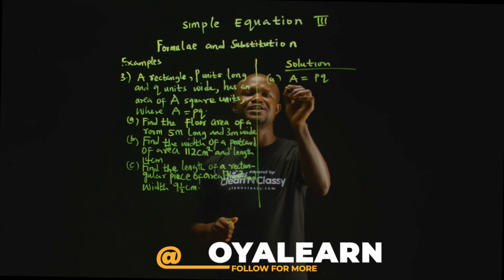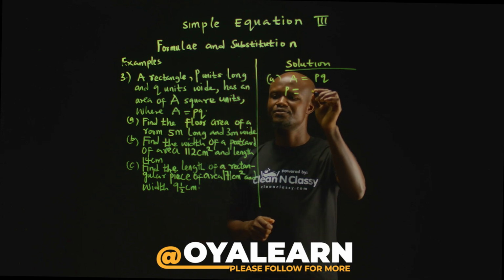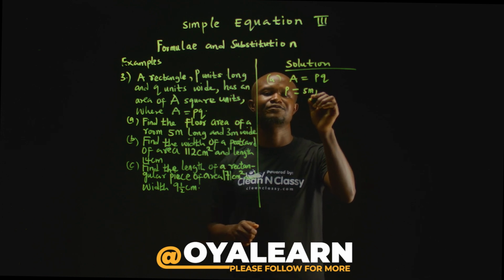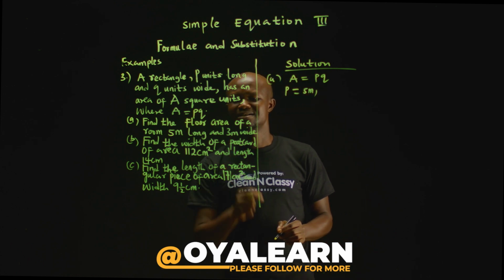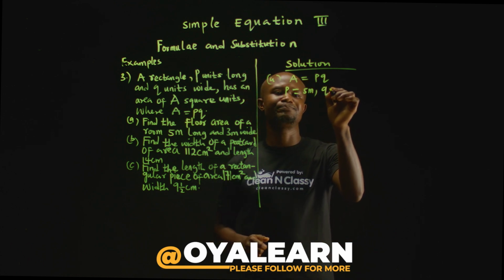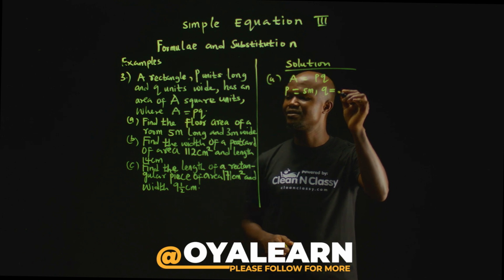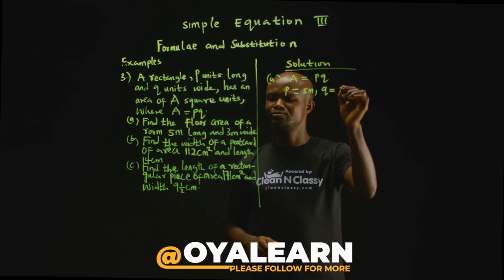So P equals 5 meters, and 3 meters represents the breadth of the rectangular floor of the room.